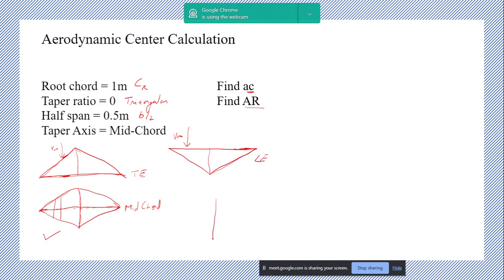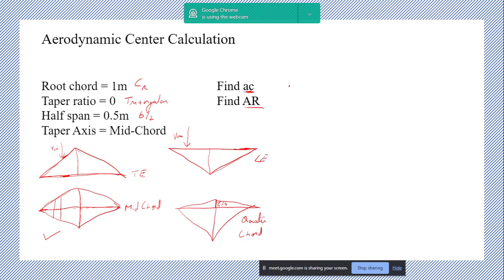Now if they say the taper axis is the quarter chord point, it will be like this. So this is tapering about the quarter chord point. This is C bar by 4. Is it clear now? So this is taper axis is quarter chord.